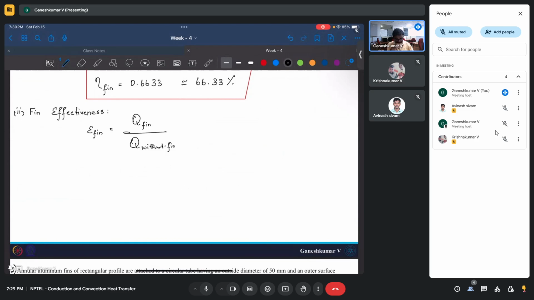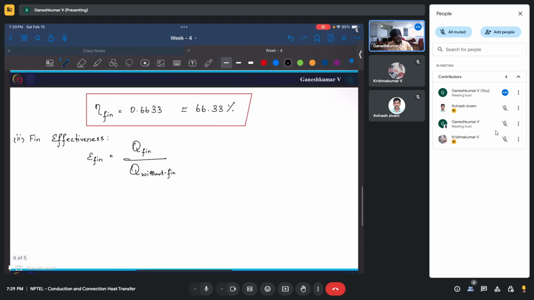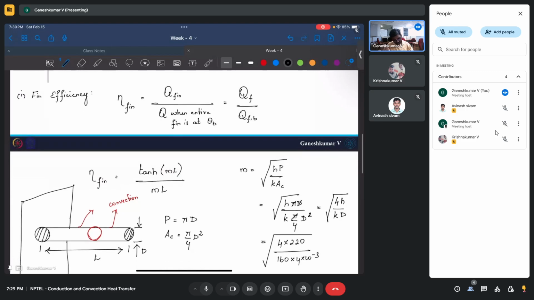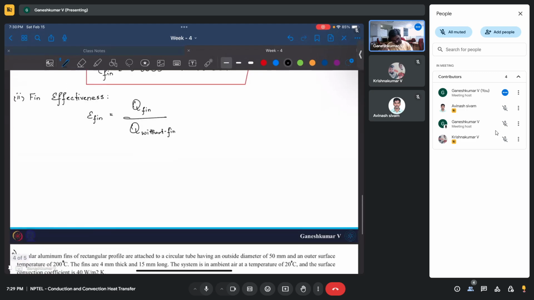So, how do we find Q fin now? We already know the efficiency. So from here you can write Q fin to be the efficiency of the fin times the maximum Q fin, right?